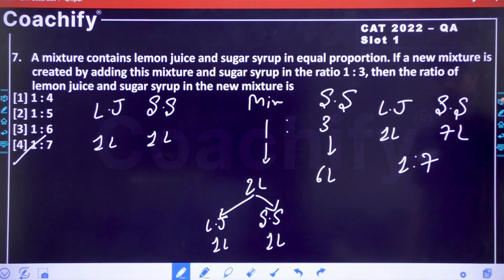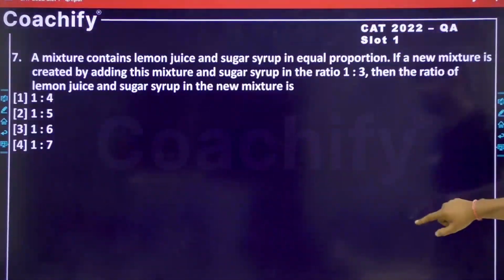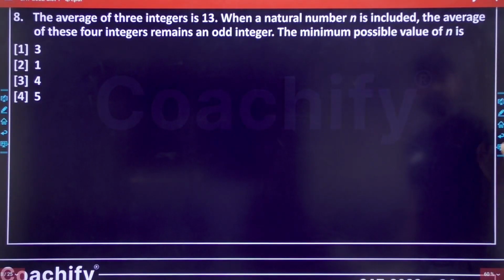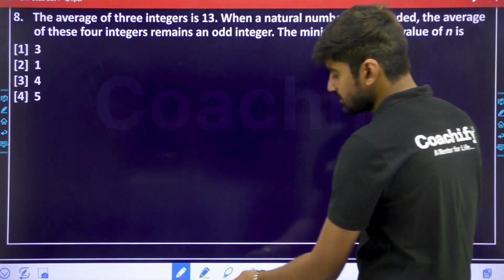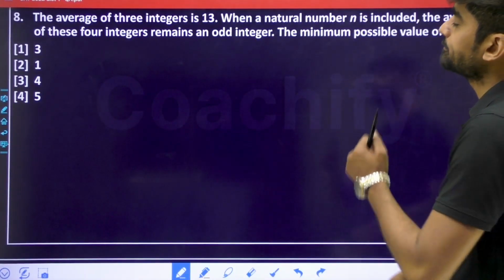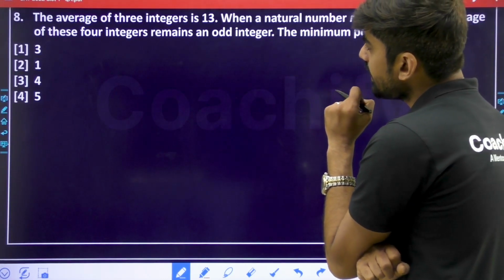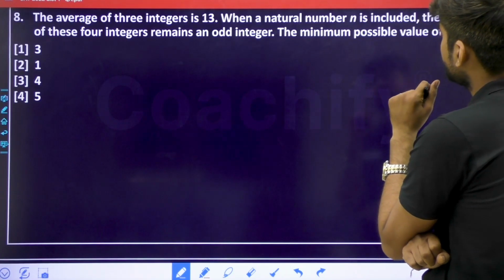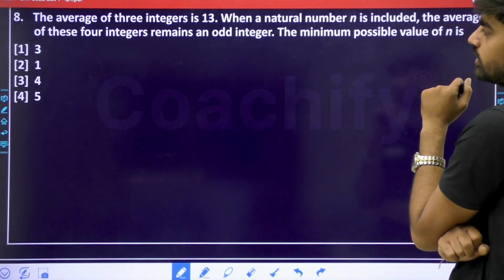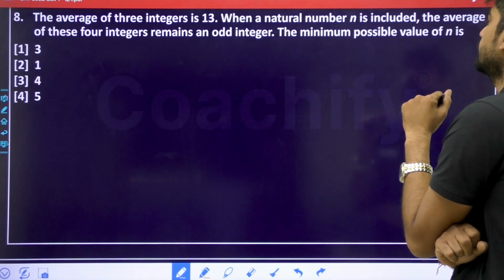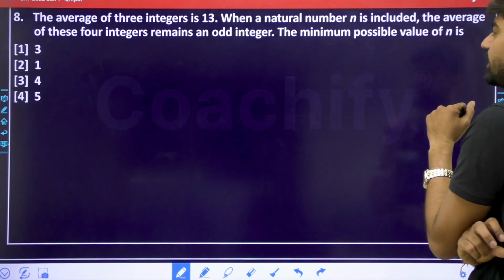So this was question number 7, which is very easy, and it was based upon ratio and proportion. Let's proceed to the next question. This question is based upon average. The question says the average of 3 integers is 13. When a natural number n is included, the average of these 4 integers remains an odd integer, then the minimum possible value of n.